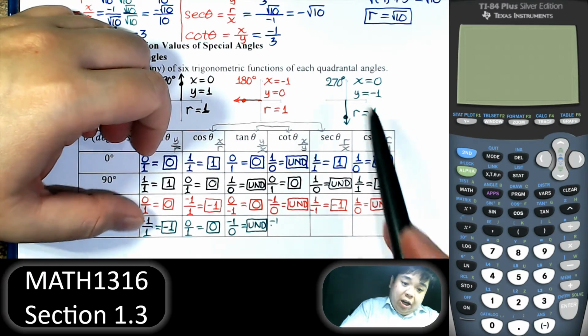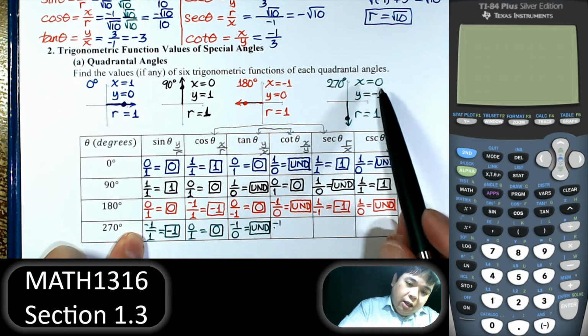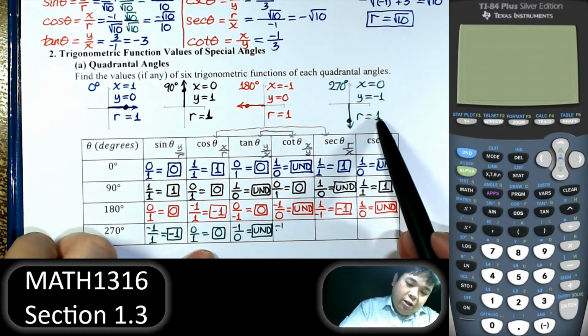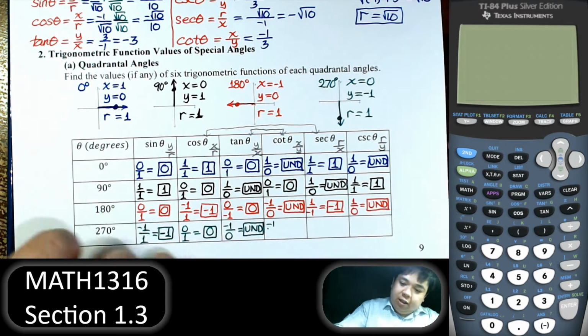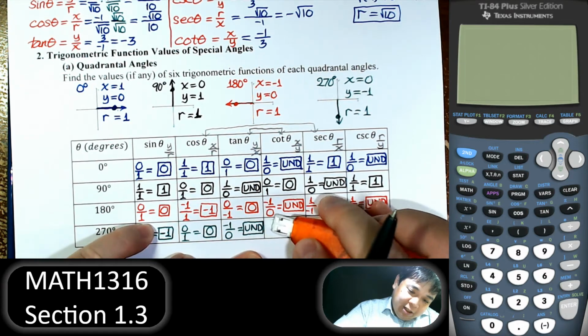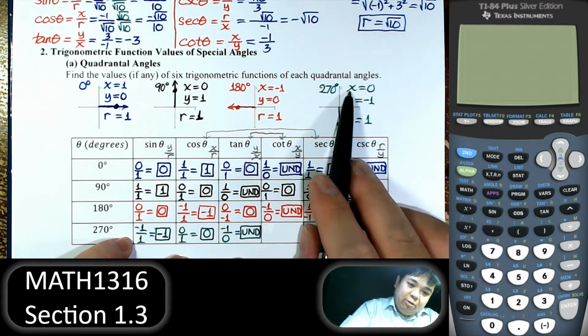Even with the color code I might look at y over r, x over r, y over x. It's easy, but just have to be careful. X over y.